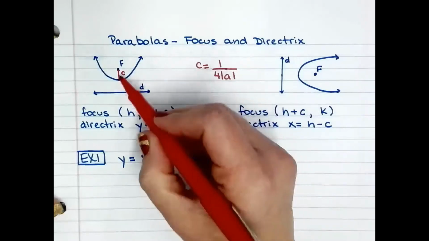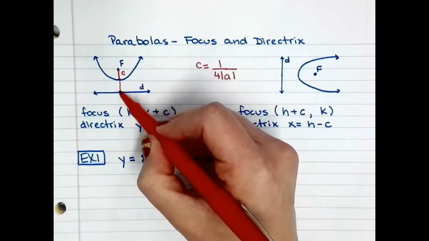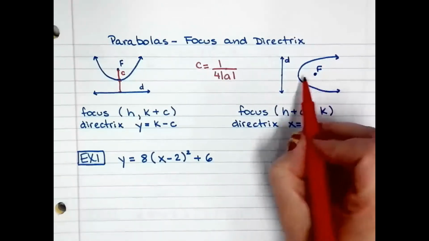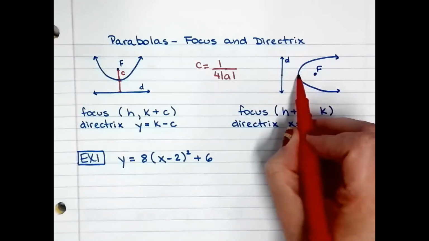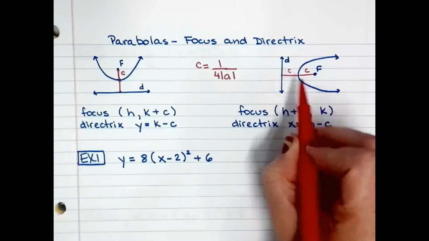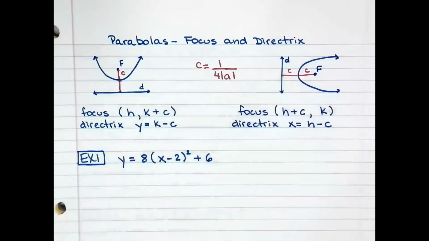So it's the same distance from the vertex to the focus and from the vertex to the directrix. And that works for the right and left opening parabolas as well. So here also, C is the same distance from the vertex to the focus as from the vertex to the directrix.